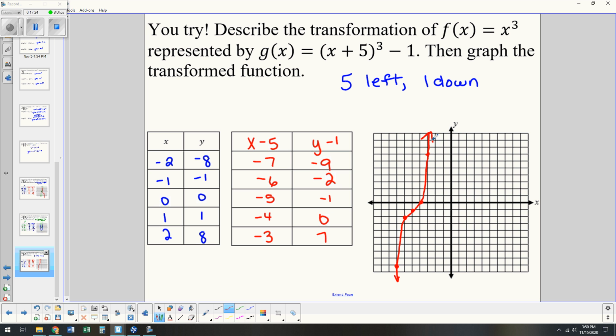All right, so there you go. That is your answer, and that is the end of this lesson.